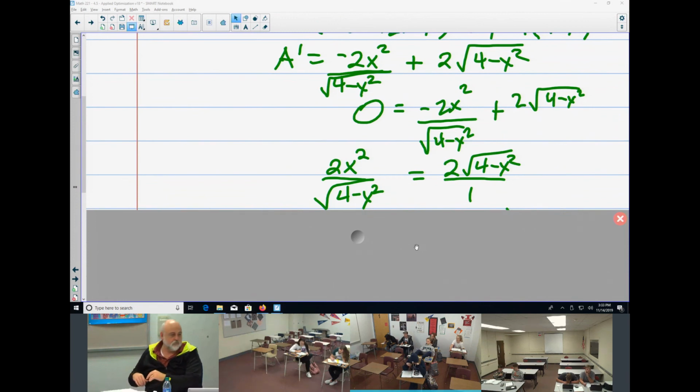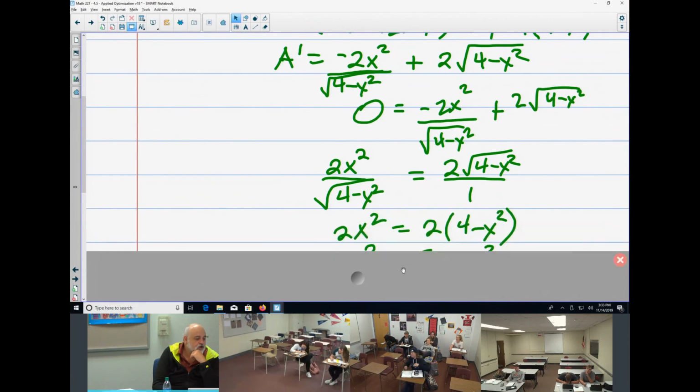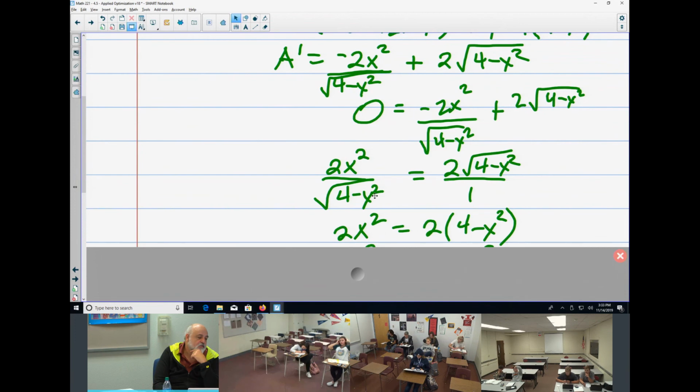I'm really confused, but I got 8x to the 4th. I don't know if that's right. Well, when you cross multiply, you get 2x squared times 1, and then the radicals just come out of the radical, because a radical times itself, so you just have 2 times (4 - x squared).